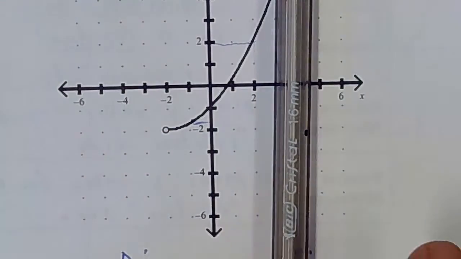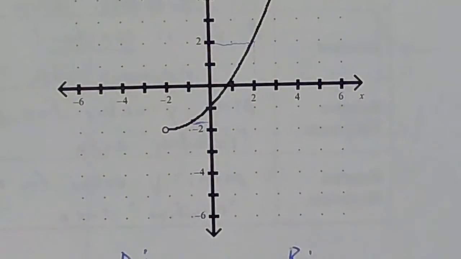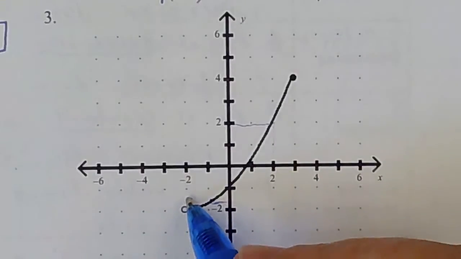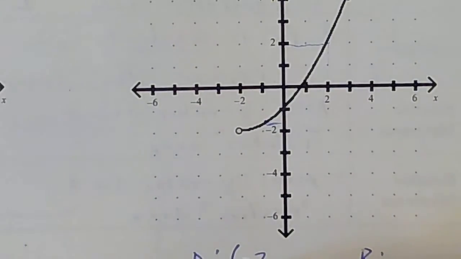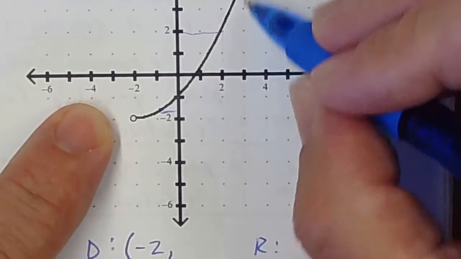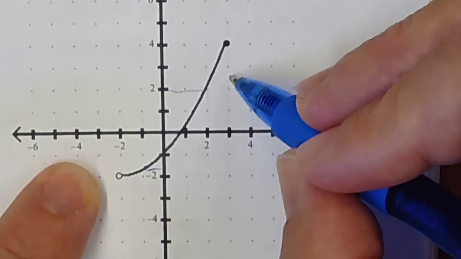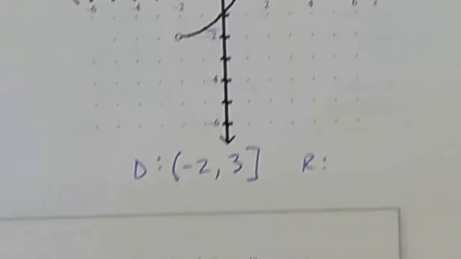Don't jump to -1 because we do want to include numbers like -1.9. So how we account for that is the parentheses. Parentheses -2 is the left endpoint, and then it continues on to this +3, and we should include it. So there's the domain.